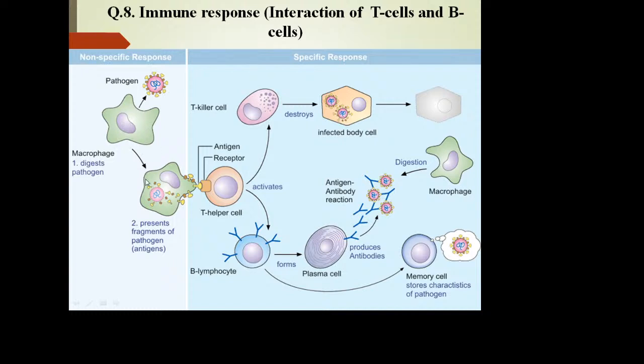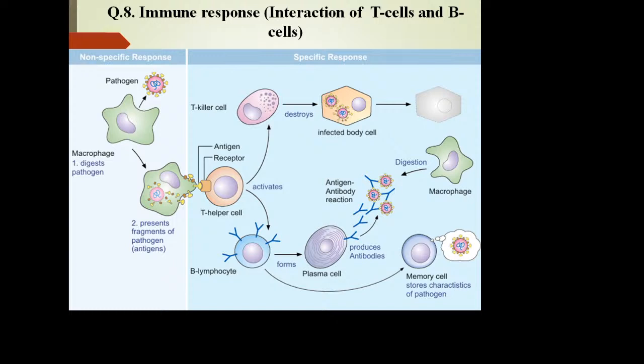Then the macrophage digests it into small fragments, into small parts, into antigens. You remember, for example, that a bacterial cell has O antigen, H antigen, that is flagellar antigen, K antigen, that is capsular antigen.